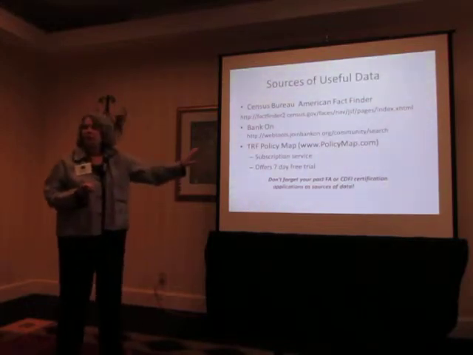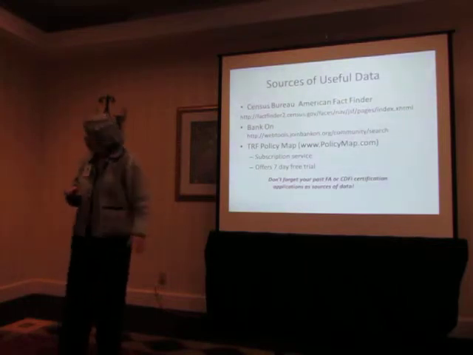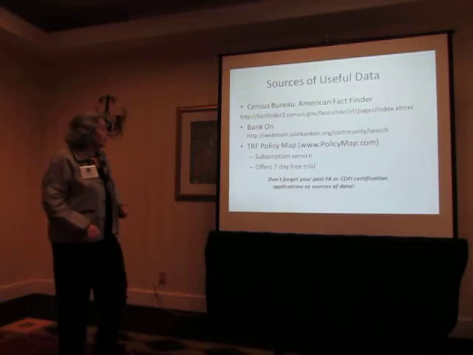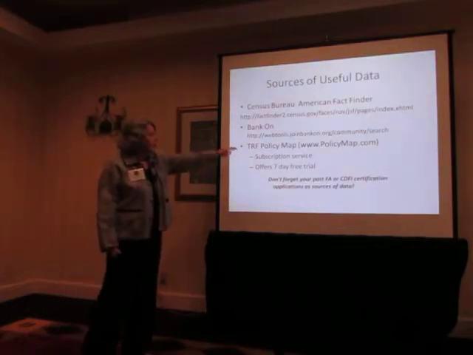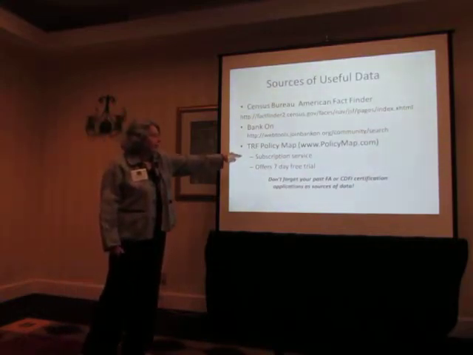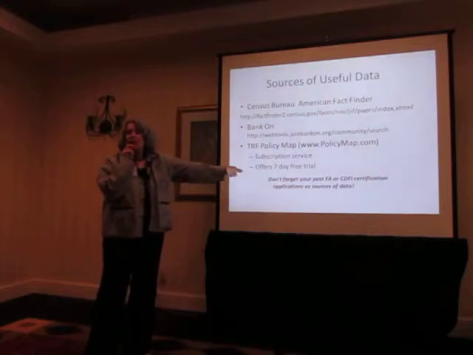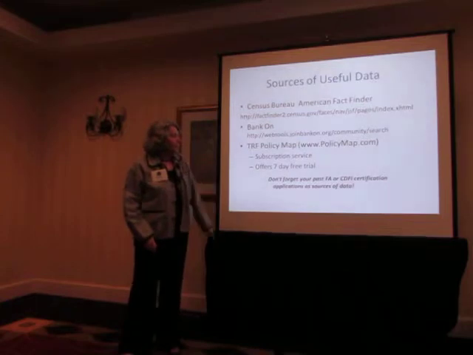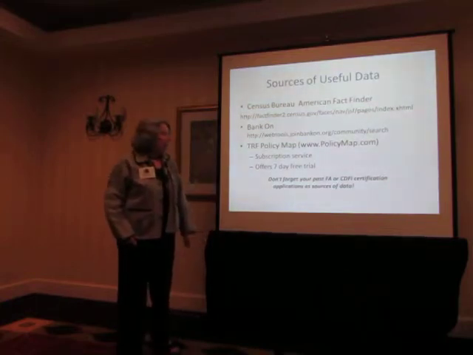The problem with these is you can waste an incredible amount of time on them. You can just get hooked and start playing with them. And this TRF policy map, they do have a 7-day free trial. That one's excellent, especially for healthy foods financing, if you're into that.